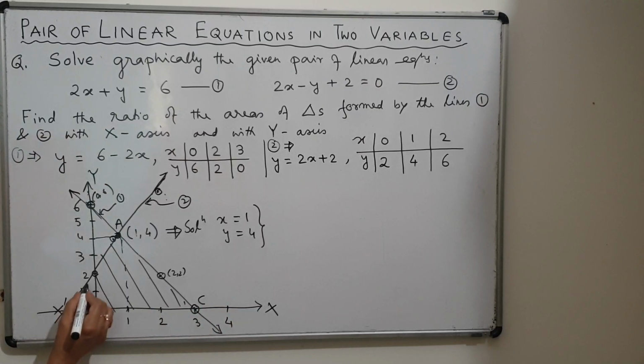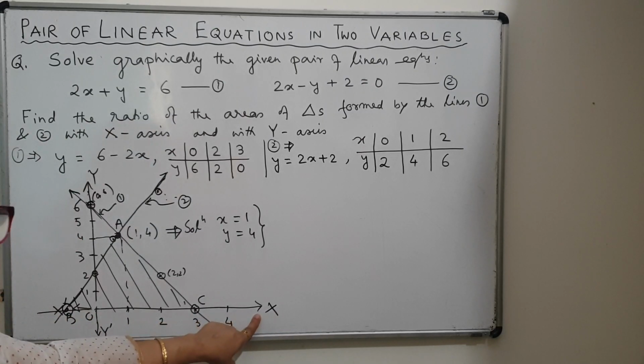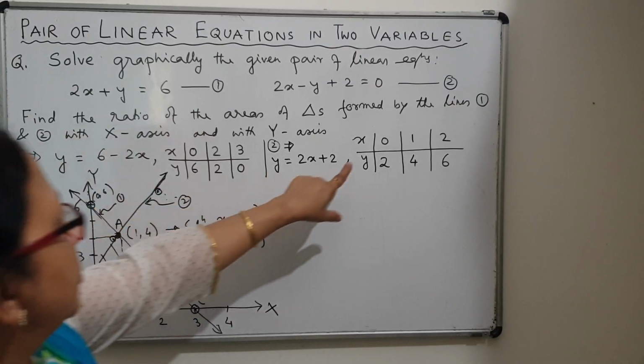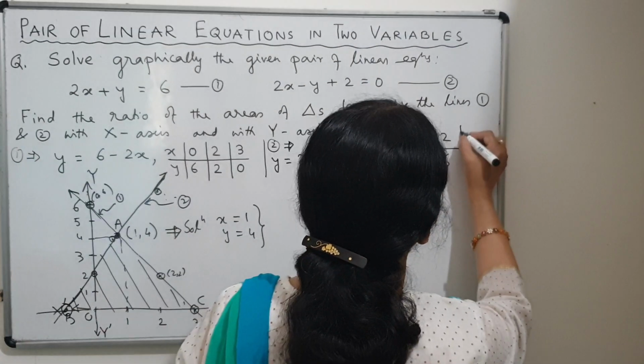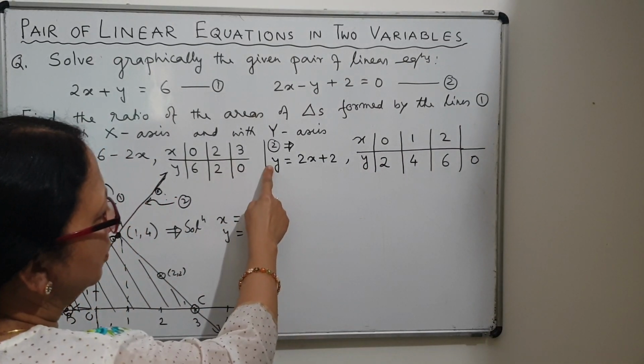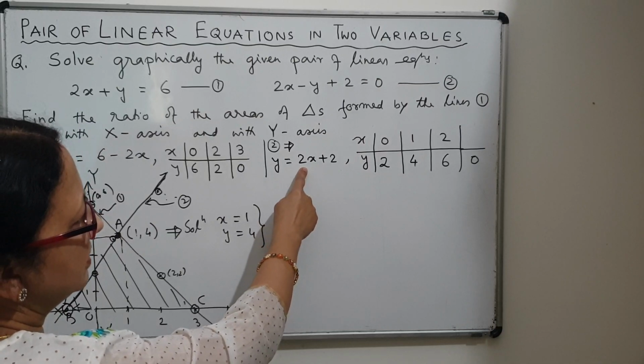So now I have to find the coordinate of this point. That is the line 2 intersecting the x-axis. That means for any point lying on the x-axis, the y coordinate is 0. So y is 0. So in equation 2, if y is 0, let me see what point I get. 2x is equal to minus 2, x is equal to minus 1.